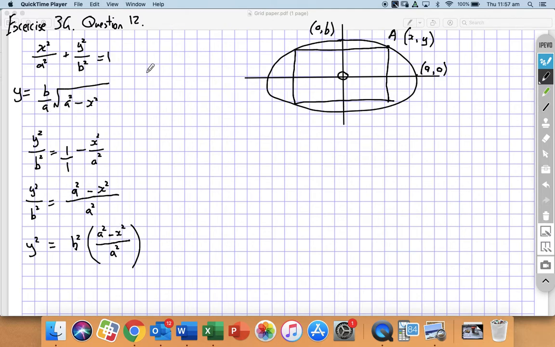I can see from this part of the equation that what I need is a b squared on a squared, so that when I square root, it'll turn into just b on a. I can see where I'm going there in the formula. And I'm going to square root because I've got a y squared. So this is all going to get square rooted.